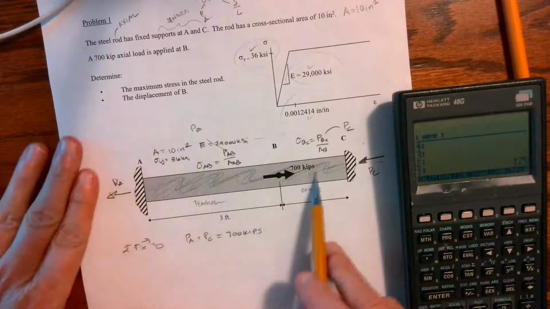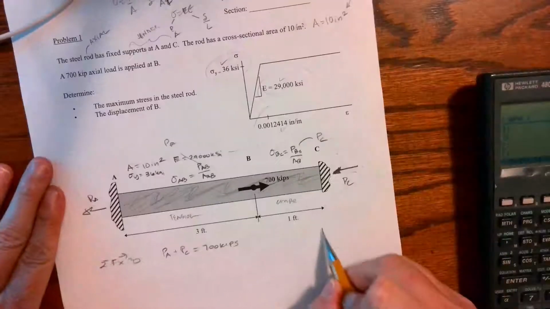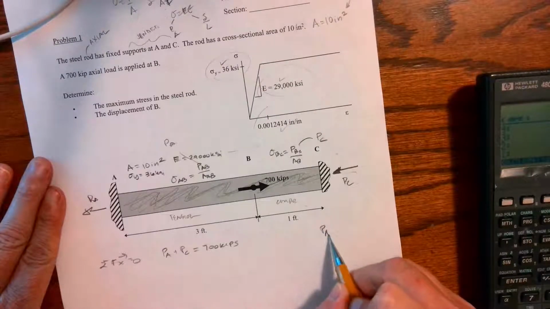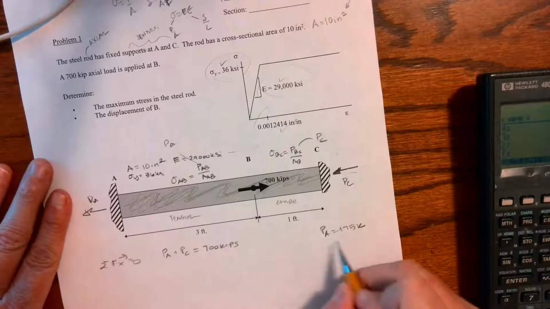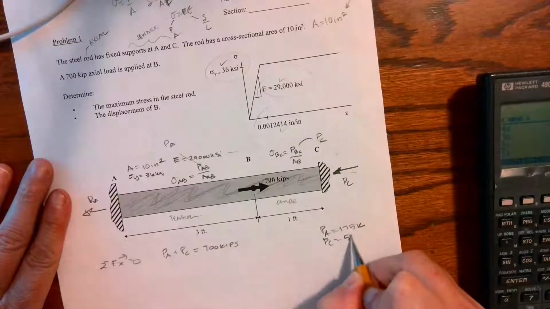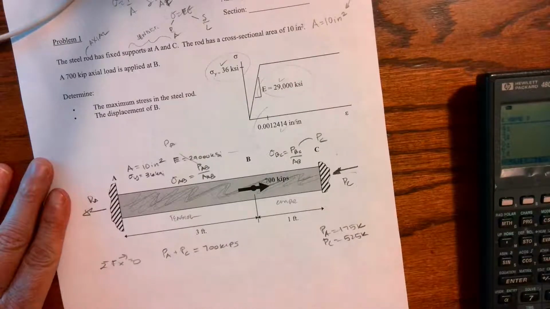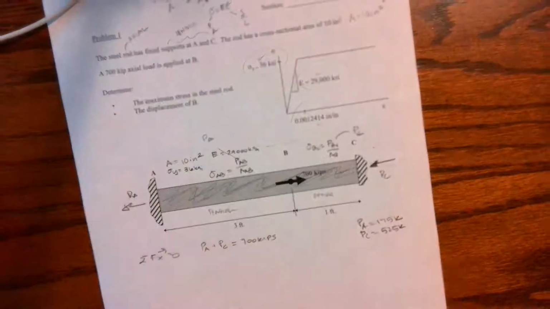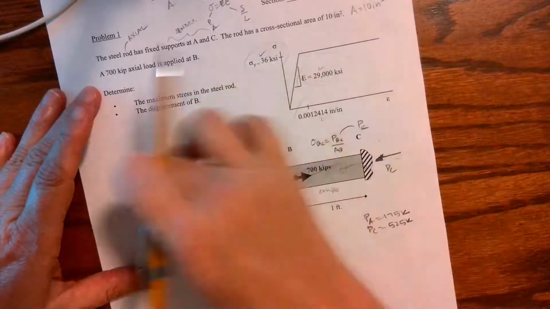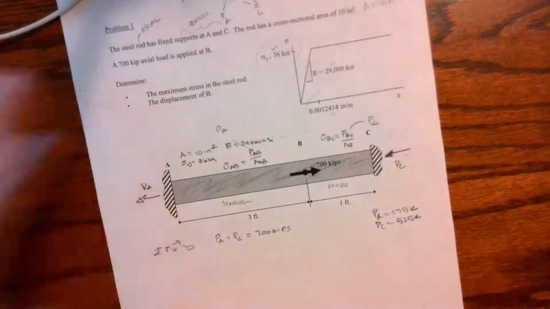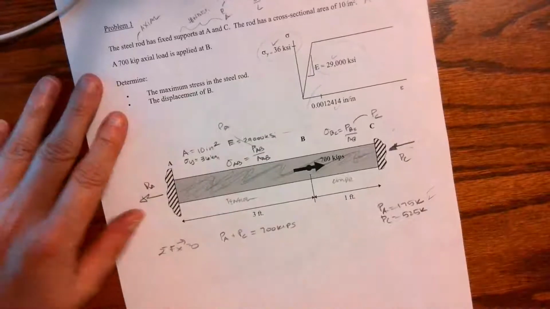That means P at A should be 175 kips, and P at C should be 525 kips, using our ratio rule. And remember that only works because it's one solid piece of the same material with the same geometry. But I kind of know where I'm headed.